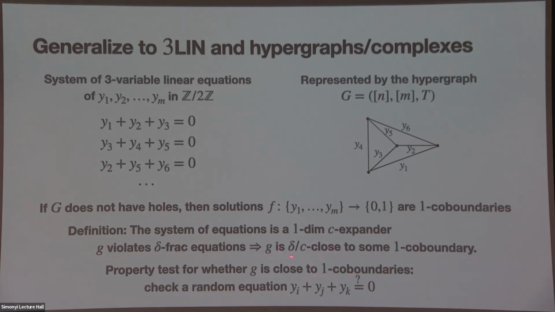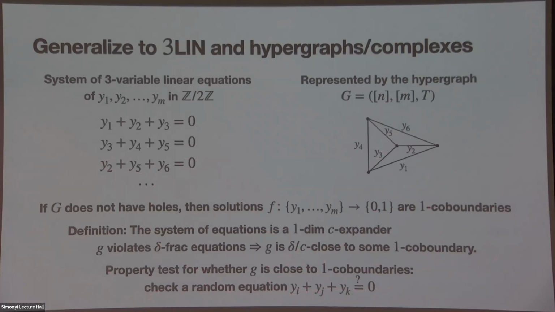Here closeness is also evaluated by the number of coordinates where they disagree. Naturally, this also gives us a property test. If we want to know if g is close to a one-coboundary defined by this complex, we can take the test of randomly sampling an equation and checking if the evaluation sums to 0. So that's the test.